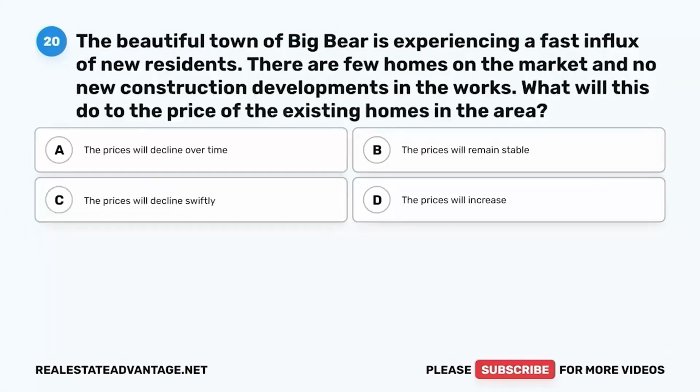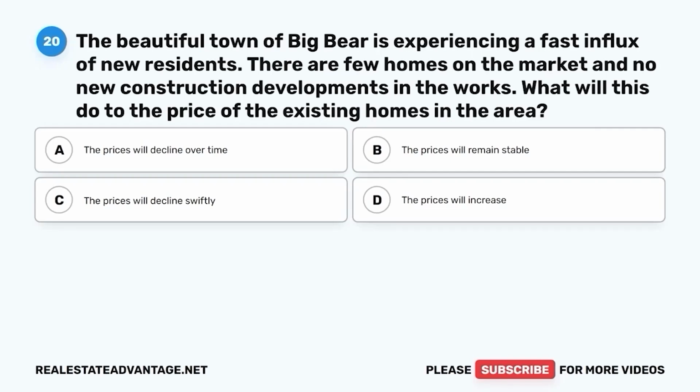Question 20. The beautiful town of Big Bear is experiencing a fast influx of new residents. There are few homes on the market and no new construction developments in the works. What will this do to the price of the existing homes in the area? A. The prices will decline over time.